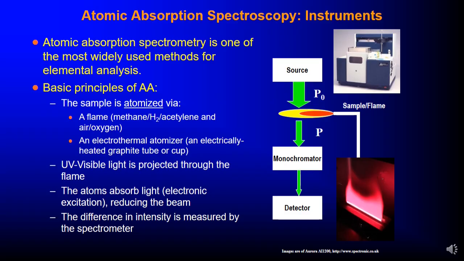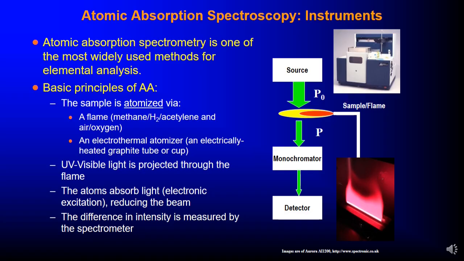So atomic absorption spectroscopy: the sample is atomized, as we had already explained. UV-visible light is projected through the flame, then the atoms absorb light, reducing the beam.